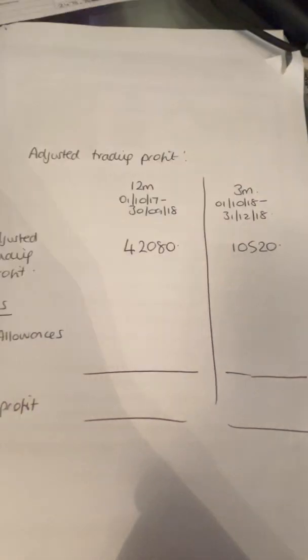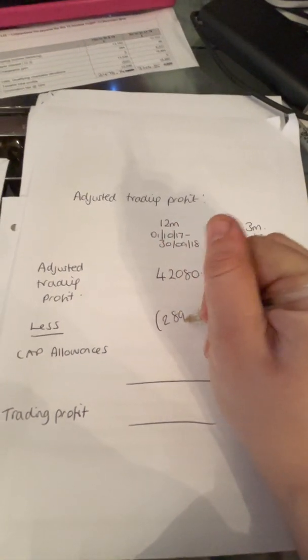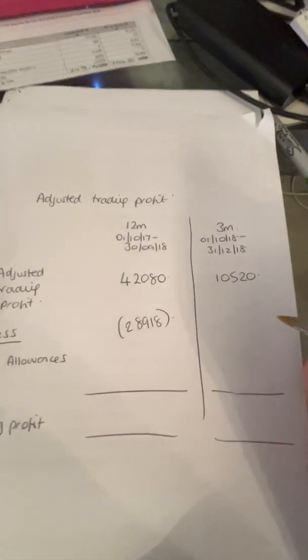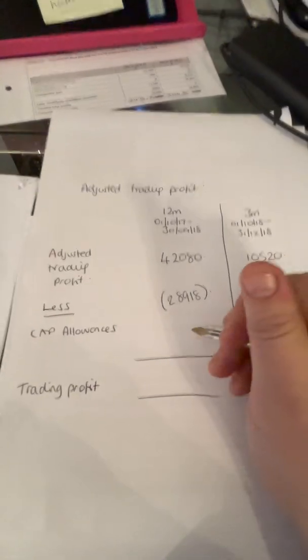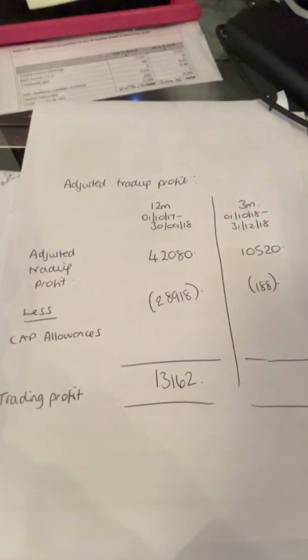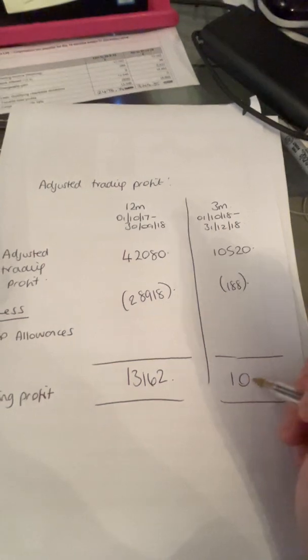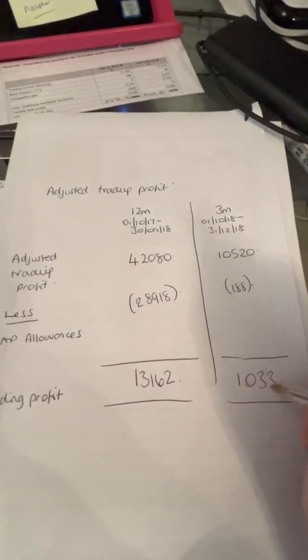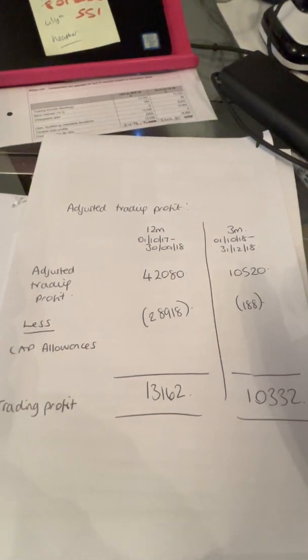So now I can deduct them capital allowances from my profit that I've just calculated to give me a trading profit for the 12-month period of 13162 and a trading profit for the 3-month period of 10,332.